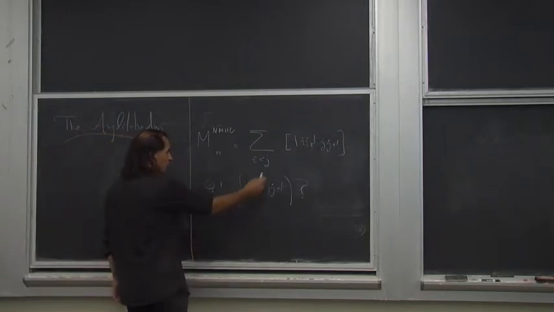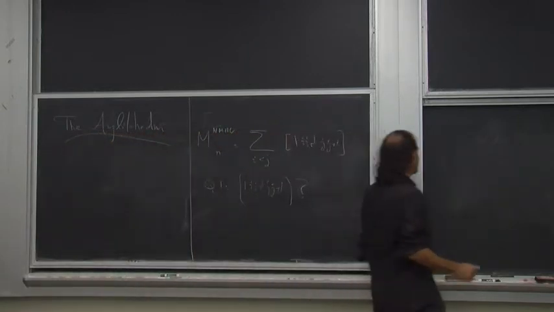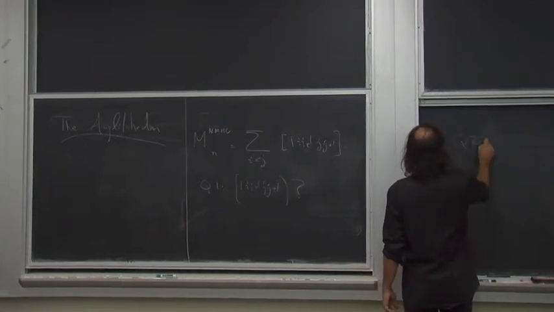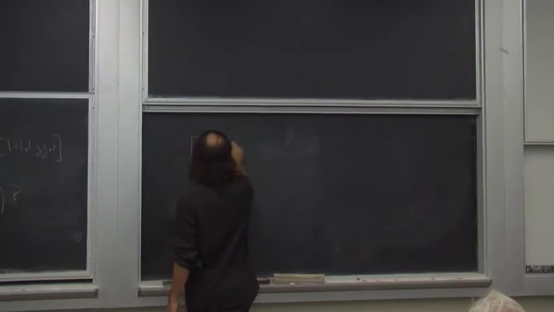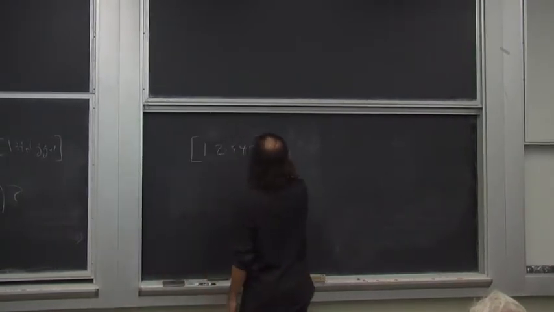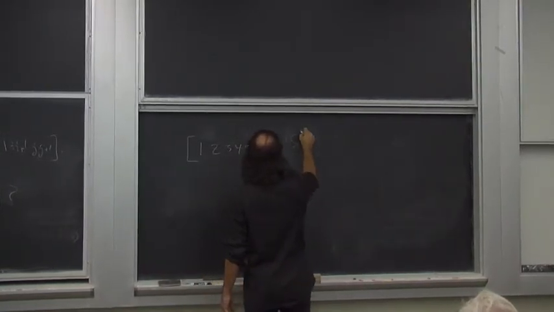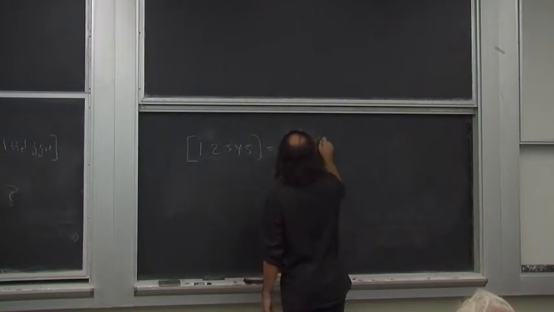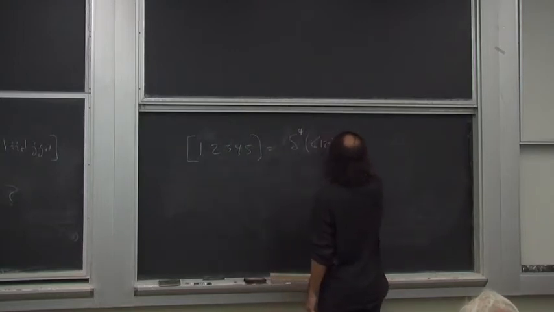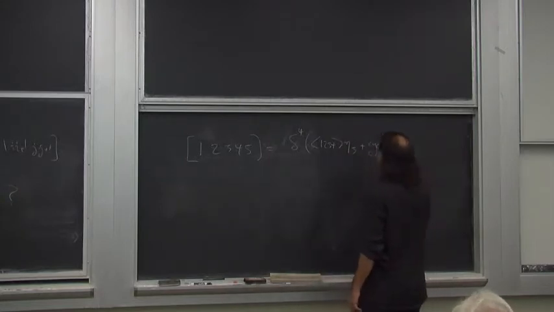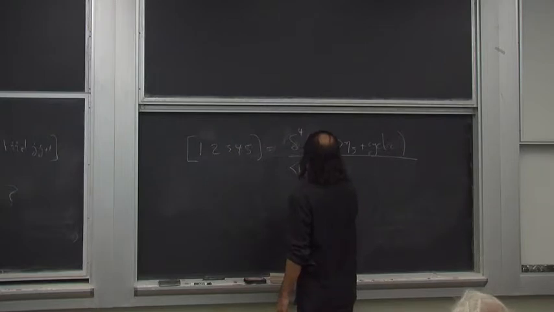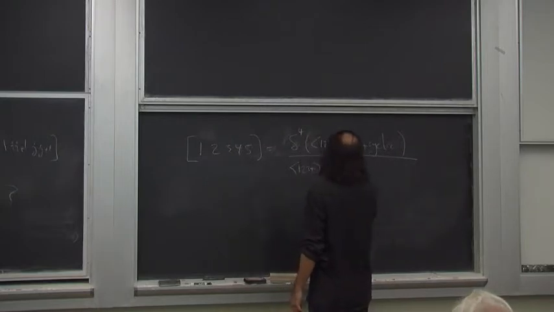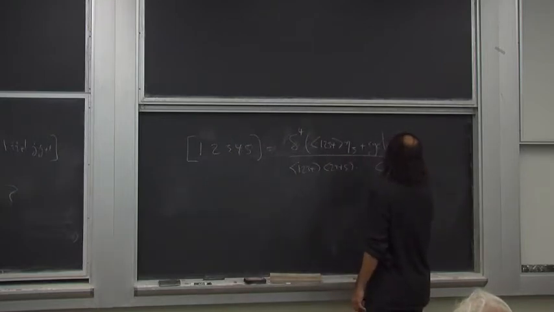And question number 2 is to look at the R-invariant itself. How should we think about this interesting object [1,2,3,4,5], which equals the fermionic delta function of (1,2,3,4, eta 5) plus cyclic, over (1,2,3,4)(2,3,4,5)(5,1,2,3)?